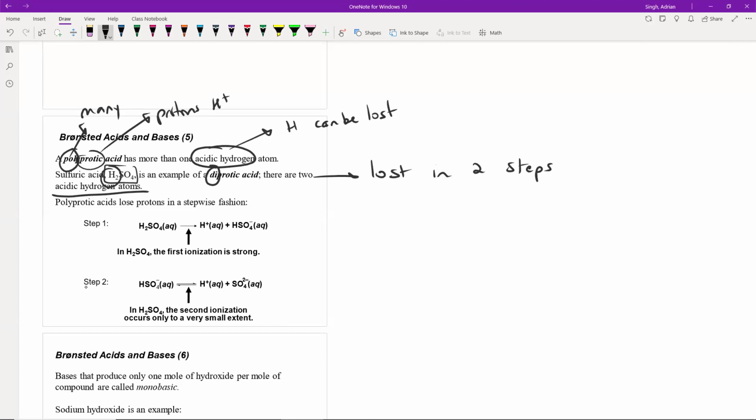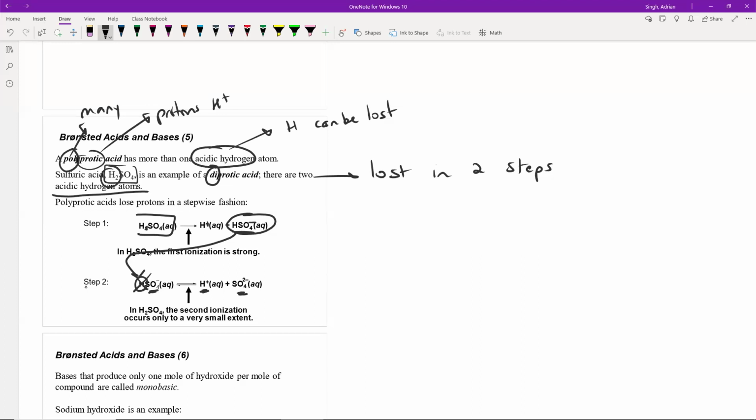In the first step, this H2SO4 loses that first H plus. We take away an H plus from this. We end up with an HSO4 minus, and there's our H plus that's lost. And then the second H plus is lost from the HSO4 minus. We take away this H plus here. Okay, that's gone. Now we end up with SO4 2 minus, and there's that H plus that is given.